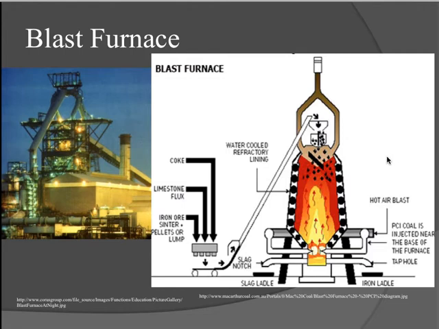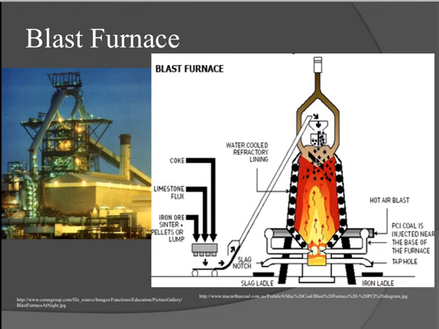Right, and here is a picture of a blast furnace. You can see that it is fairly large. If this is a 2 or 3 story building and this is the blast furnace in the back, it's kind of big. All right, hot air comes in from the bottom and goes through the top. Here is the coke, limestone, iron ore getting basically crushed up into pellets, up a conveyor belt and gets dropped in the top.